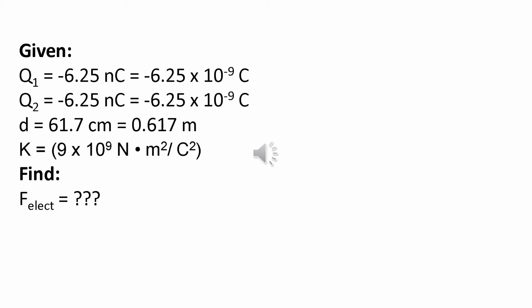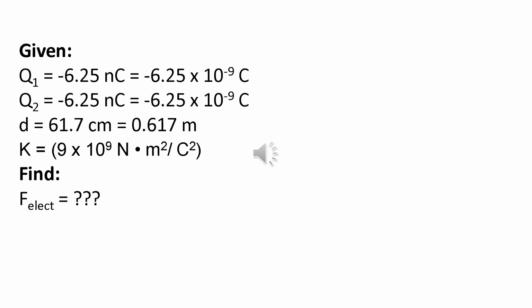Now, what are the givens? So, Q1 and Q2 have the same value, negative 6.25 nanocoulomb. Distance is 61.7 centimeters, and Coulomb's law constant is 9 times 10 raised to 9 Newton meter squared per coulomb squared. But as you could observe, the units in the Coulomb's law constant are Newton, meter, and coulomb, right?